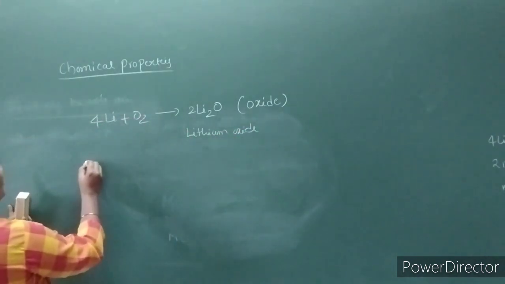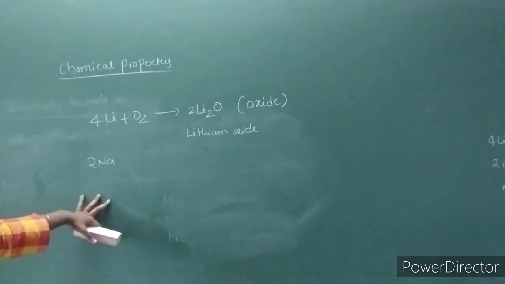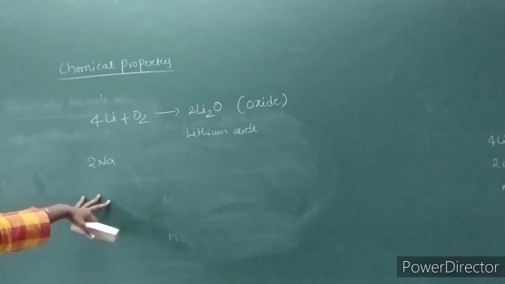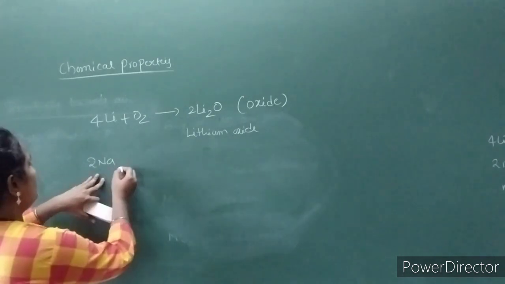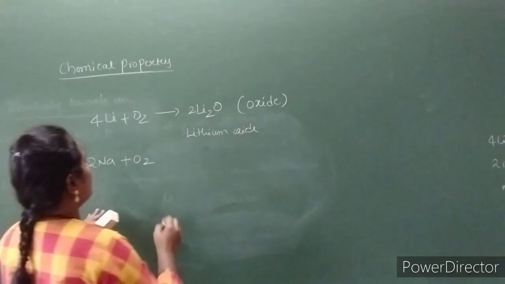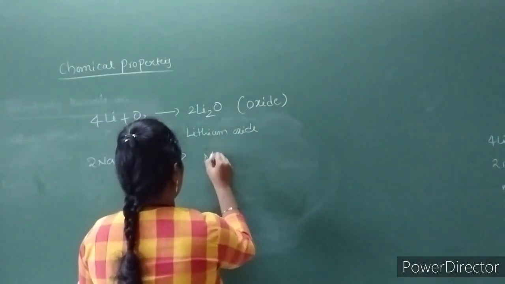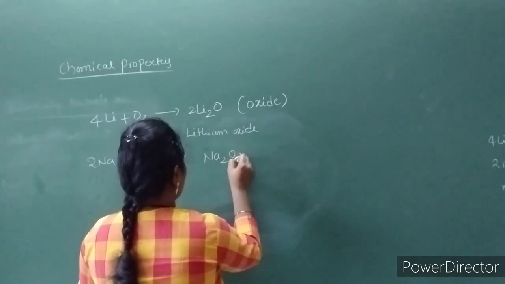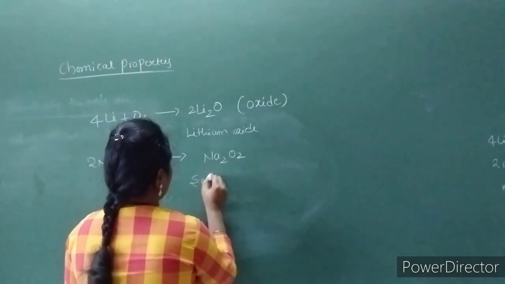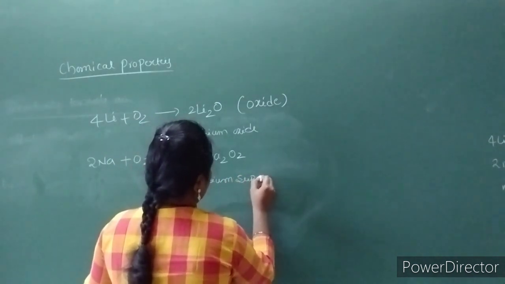Next, sodium forms both oxide as well as peroxide. Whenever sodium is exposed to oxygen or reacts with air, it will form sodium peroxide, Na2O2.